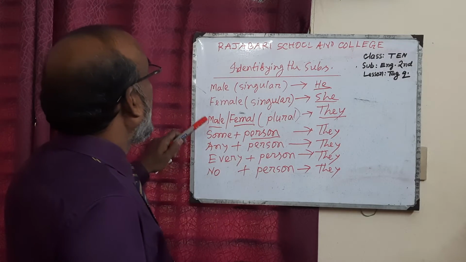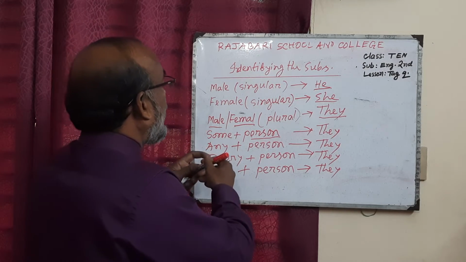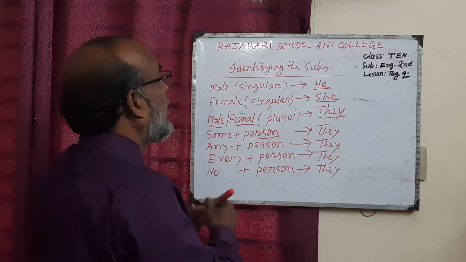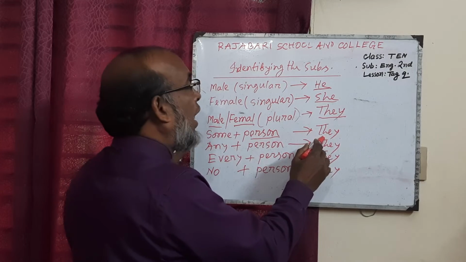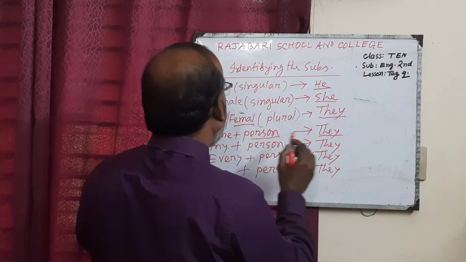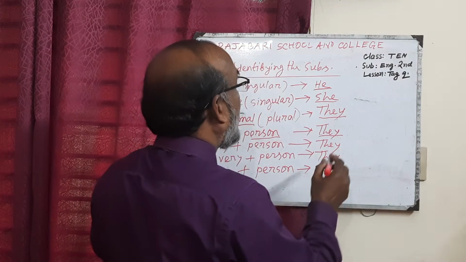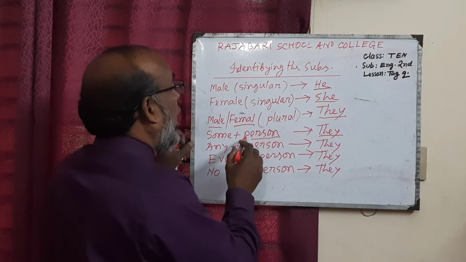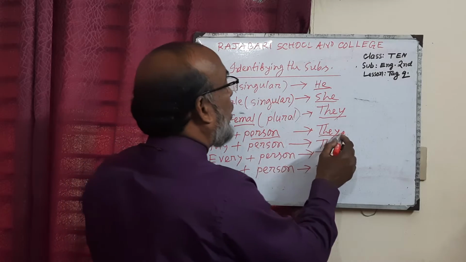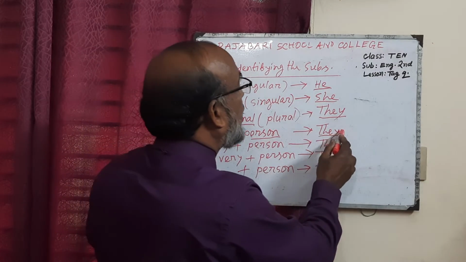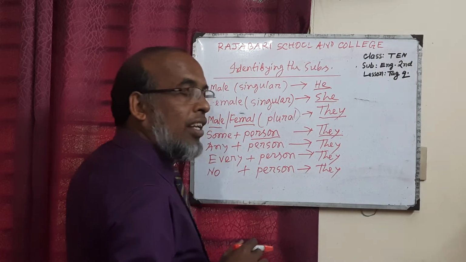If you see a person after some, then you will use they as subject. For example, somebody, you will use they. Some boys, you will use they. Some students, you will use they.